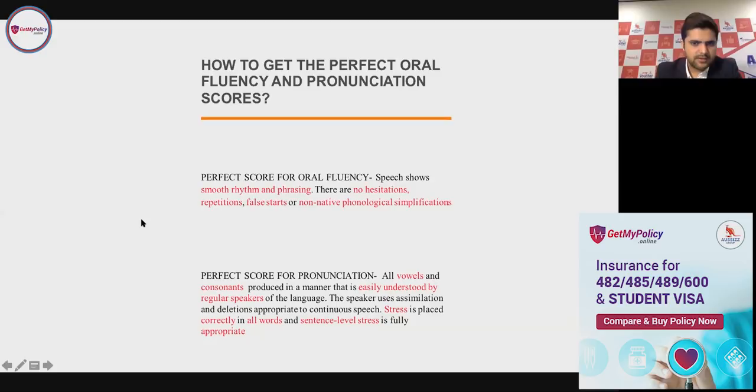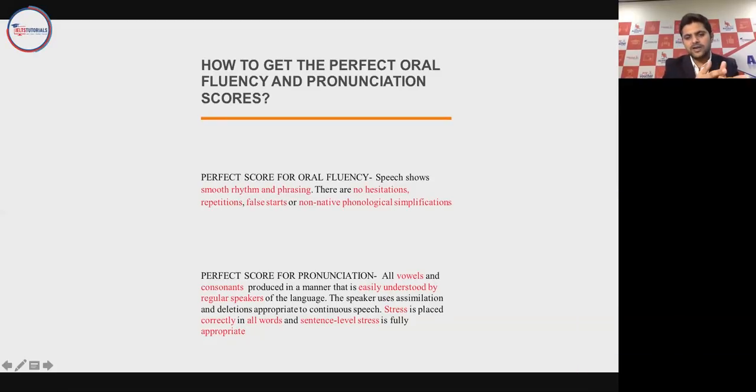So managing to speak fluently and with good pronunciation is slightly difficult, a bit of a challenge, and you need a lot of practice to overcome this challenge.